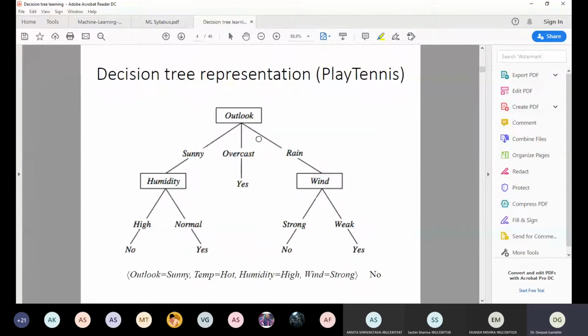The decision tree is represented with attributes at the nodes, and each attribute has some values. For example, in this decision tree, outlook has three values: sunny, overcast, rainy, and the leaf node represents whether the output is yes or no, if it is a binary classification.